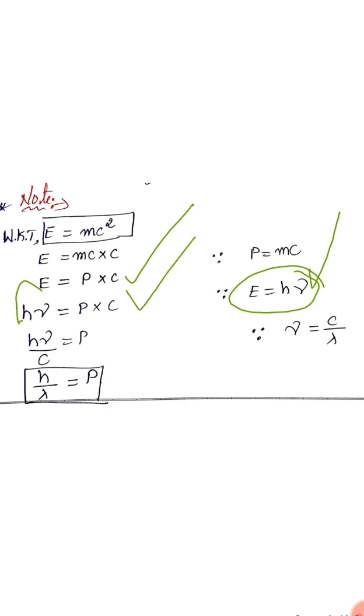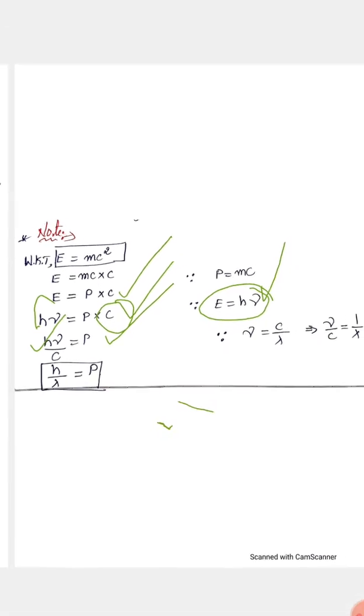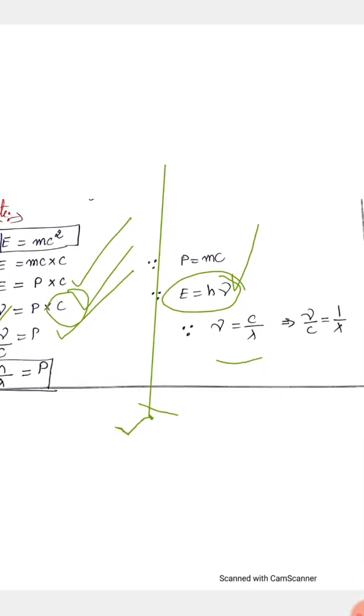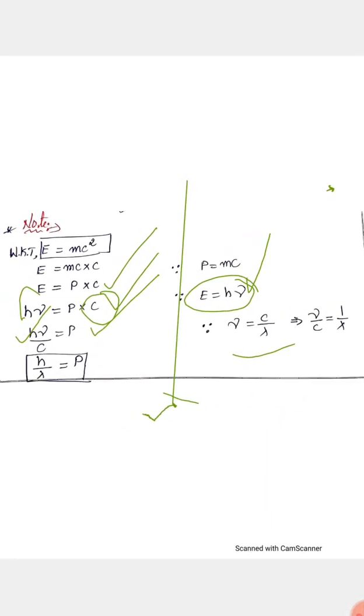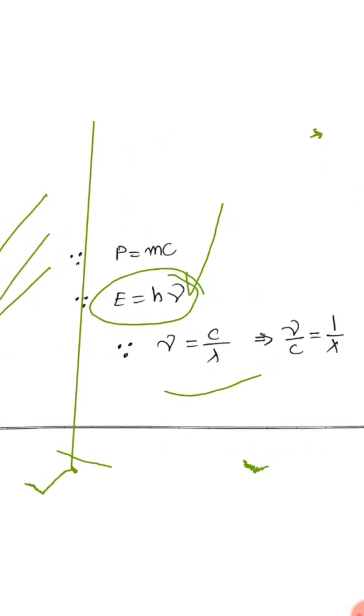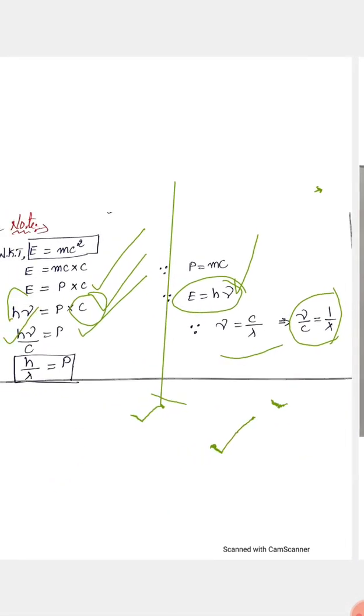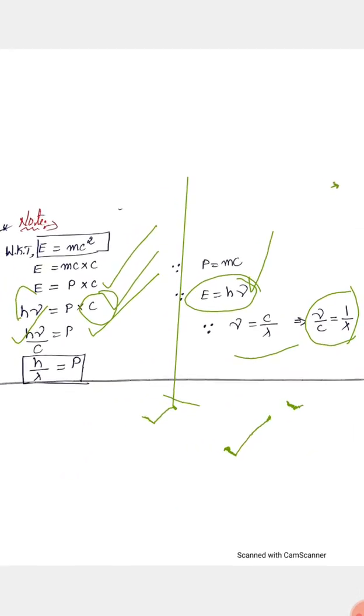Now the c on the RHS, take that to the LHS, then h nu divided by c is equal to P. Now we know the basic relation, nu is equal to c by lambda. Taking this c to the LHS, nu by c is equal to 1 by lambda.